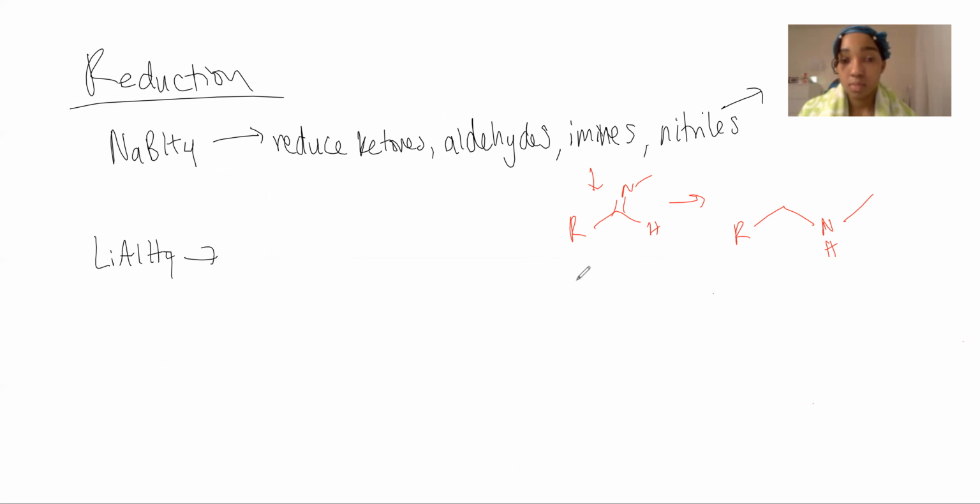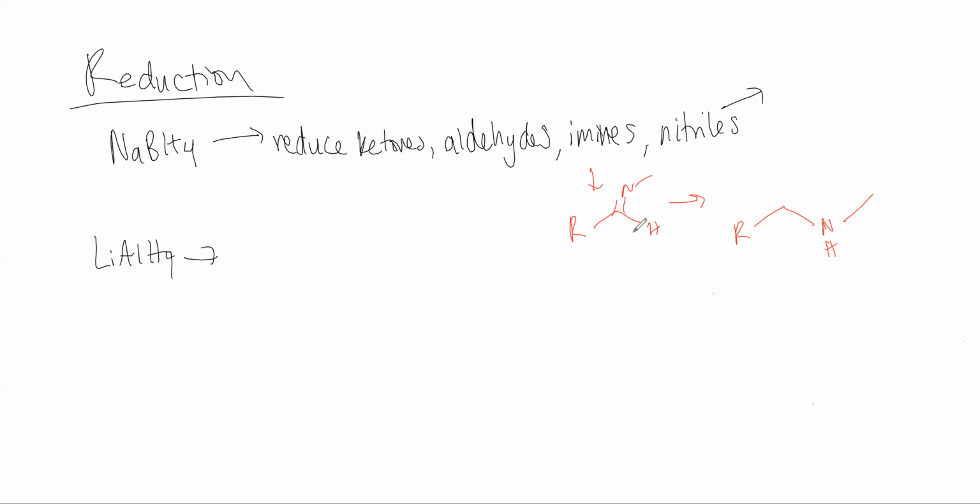Okay, yeah, so for reduction, NaBH4 would reduce ketones, aldehydes, and then the nitriles, she said, would become, it'd go from like R. Oh wait, hold on.